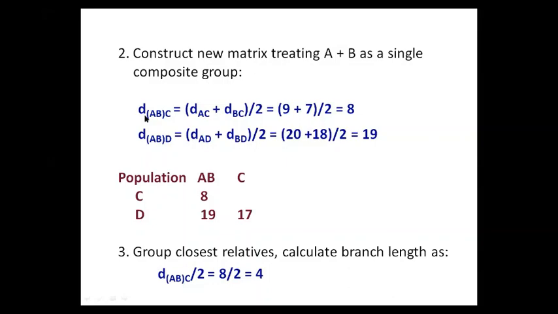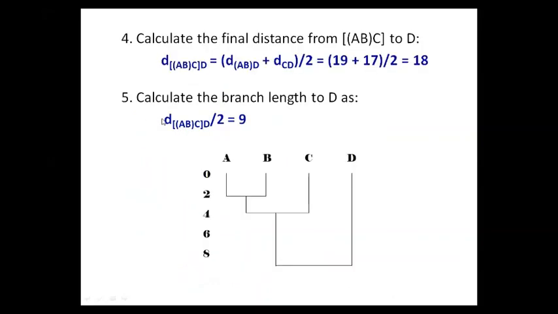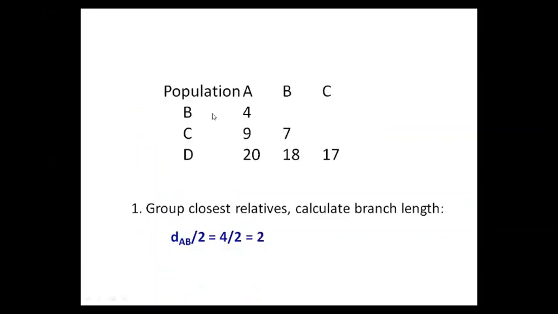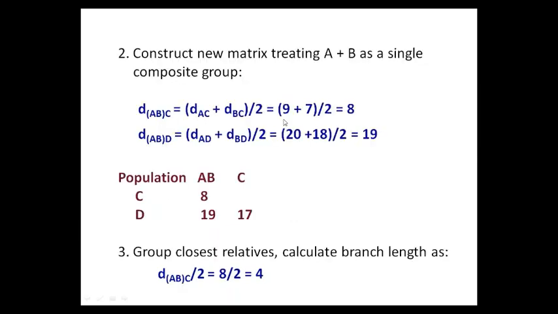So the distance of AB from C, with A and B taken as a single unit, will be equal to the distance of A and C plus the distance of B and C, divided by 2. These values are already known to us. Distance of A and C is 9, distance of B and C is 7, and therefore it will be 9 plus 7 divided by 2, equal to 8. So from AB, the average distance of C is 8.